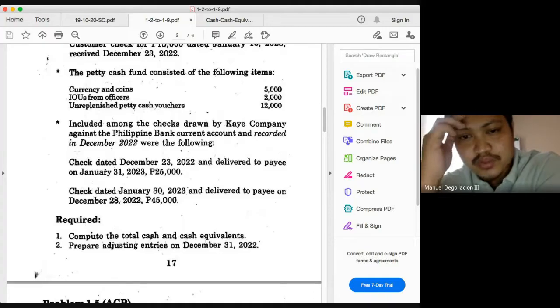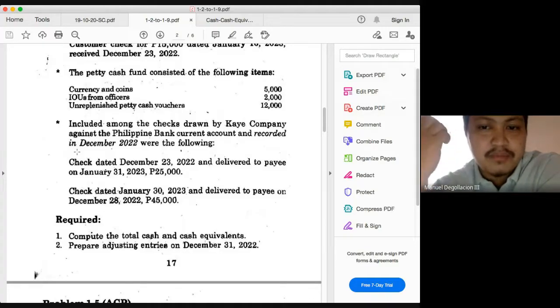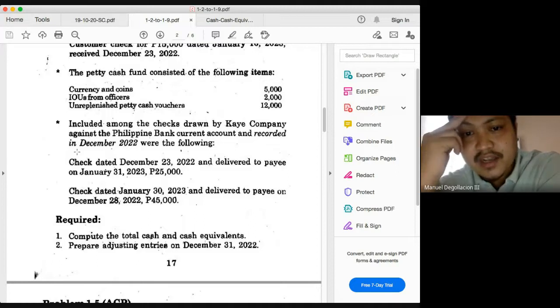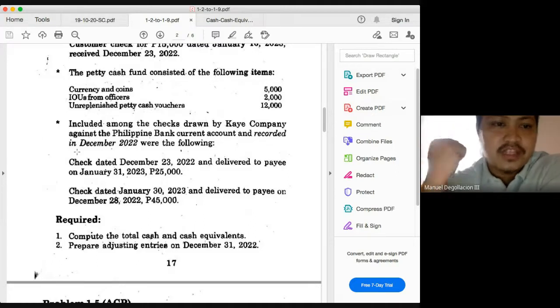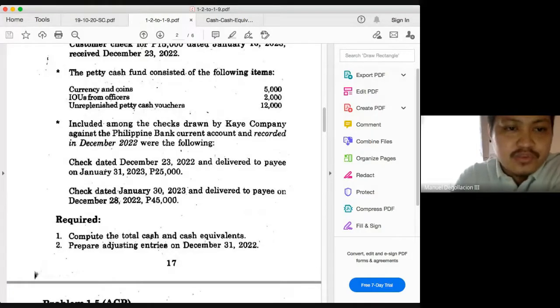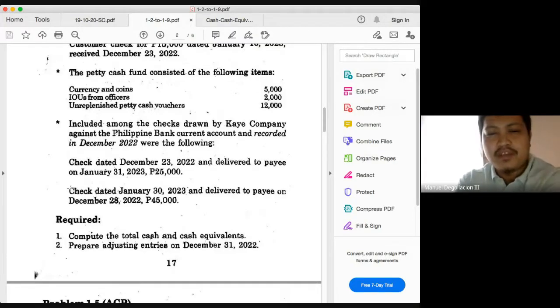So it was wrong for us to reduce our cash balance from this transaction. What we have to do is again add back the 45,000. So both items will have to be added back.